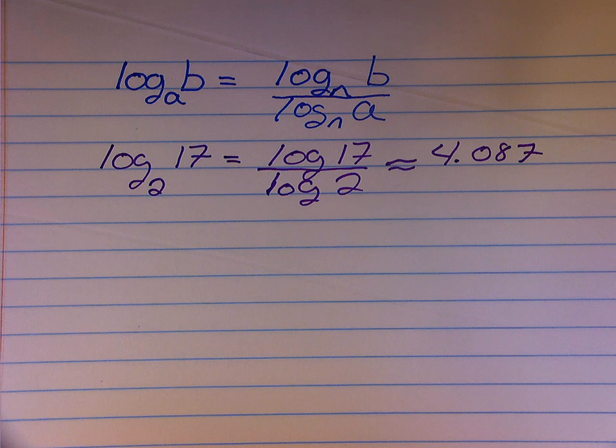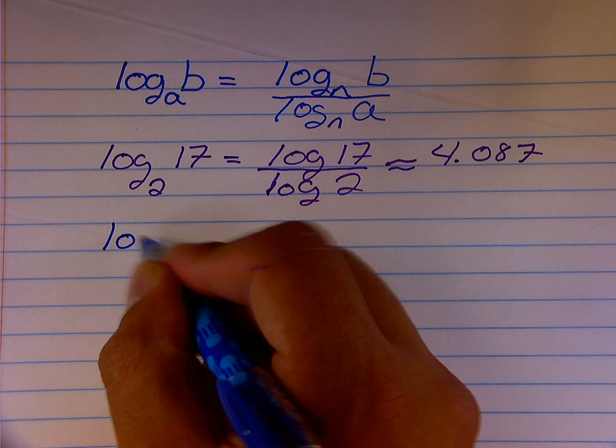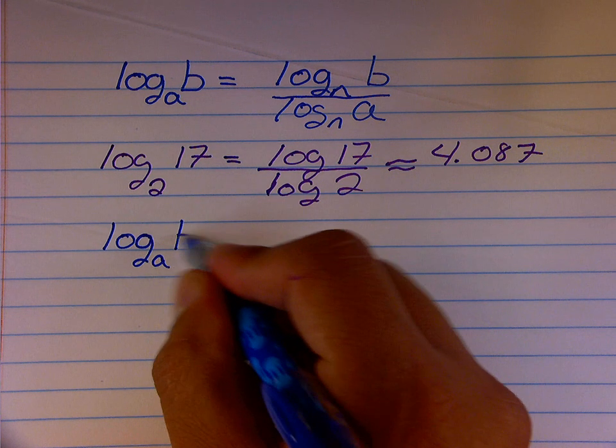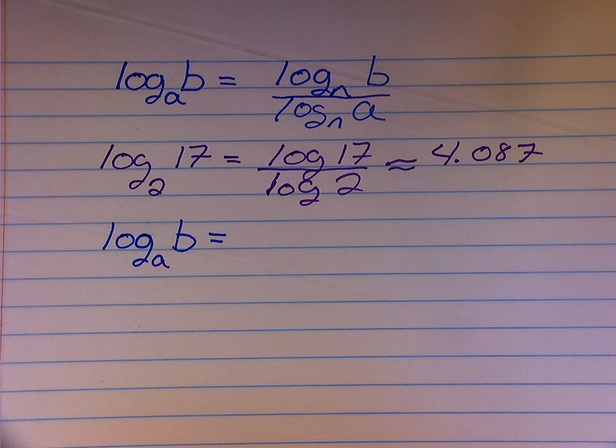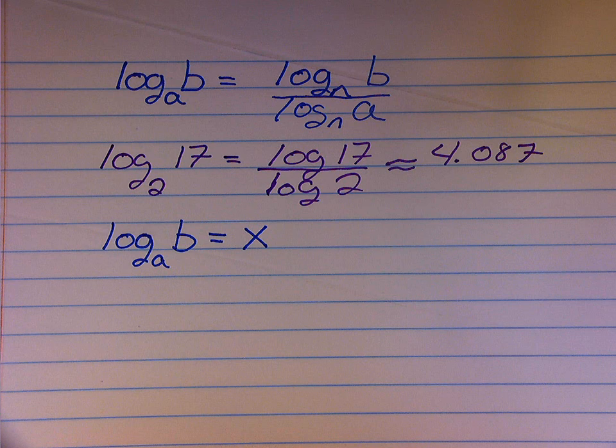How do we know a base change is always going to work? To find out whether it's always going to work or not, we're going to set it up with a proof. First thing I'm going to do is talk about my left-hand side. I'm going to say that if this has a value, then that value will be some unknown amount, which I will call x.